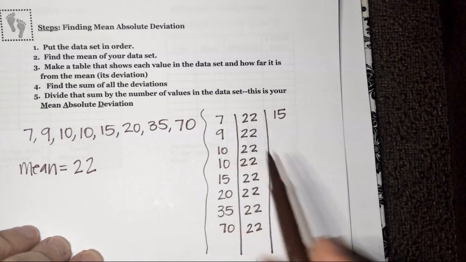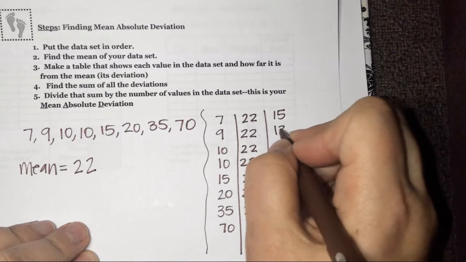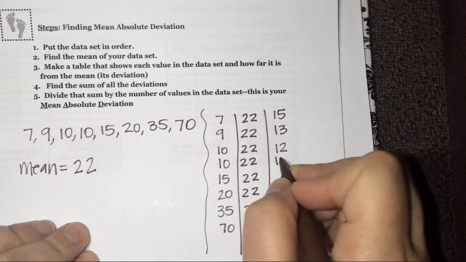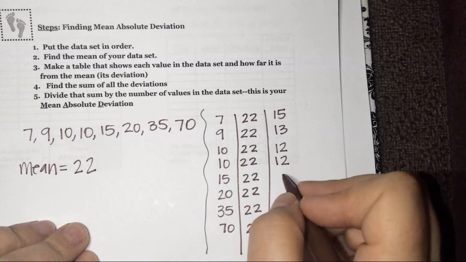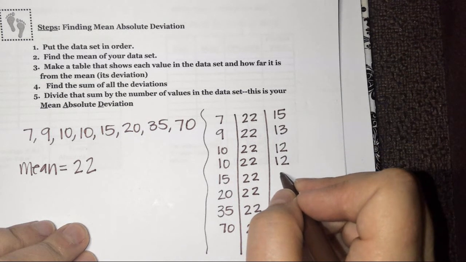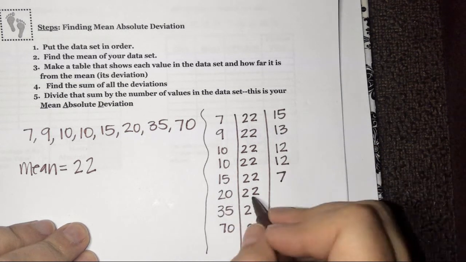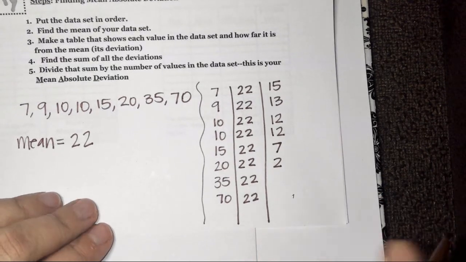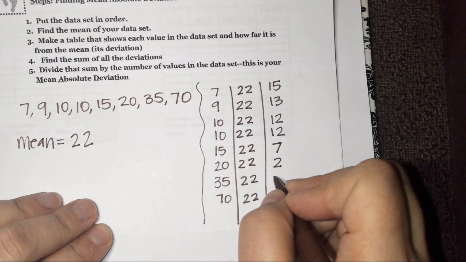So how far is 9 from 22? 13. Okay. What about 10? 12. And I've got 2 of those. What about 15? 7. Yes, 7. What about 20? 2. 35? 13.